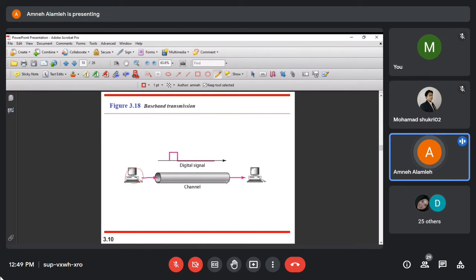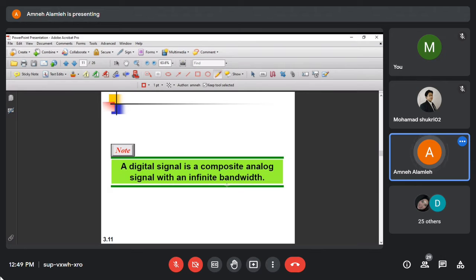So the baseband channel is a communication channel that is able to transmit frequencies that are near to zero. We will see in the next. A digital signal is a composite analog signal with an infinite bandwidth.